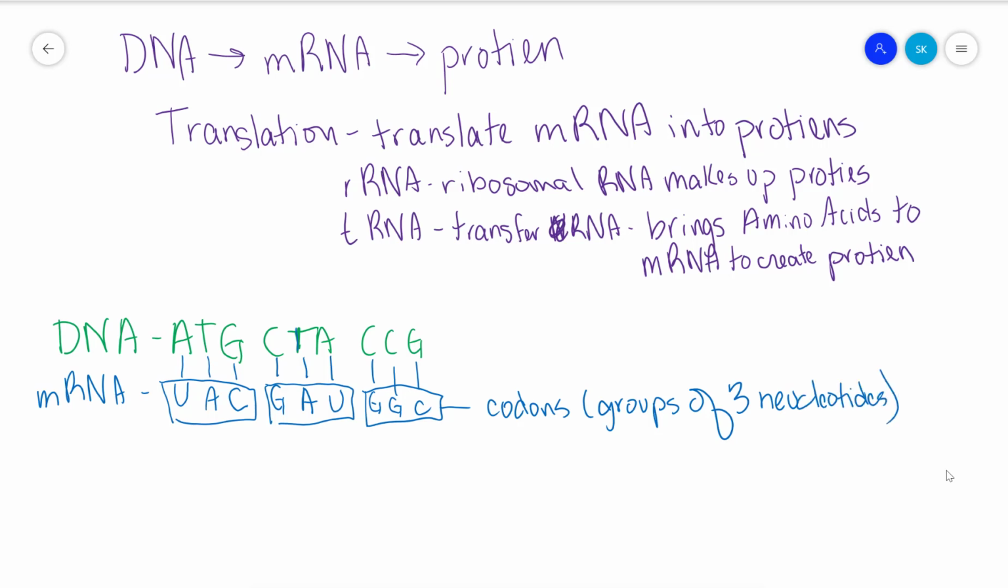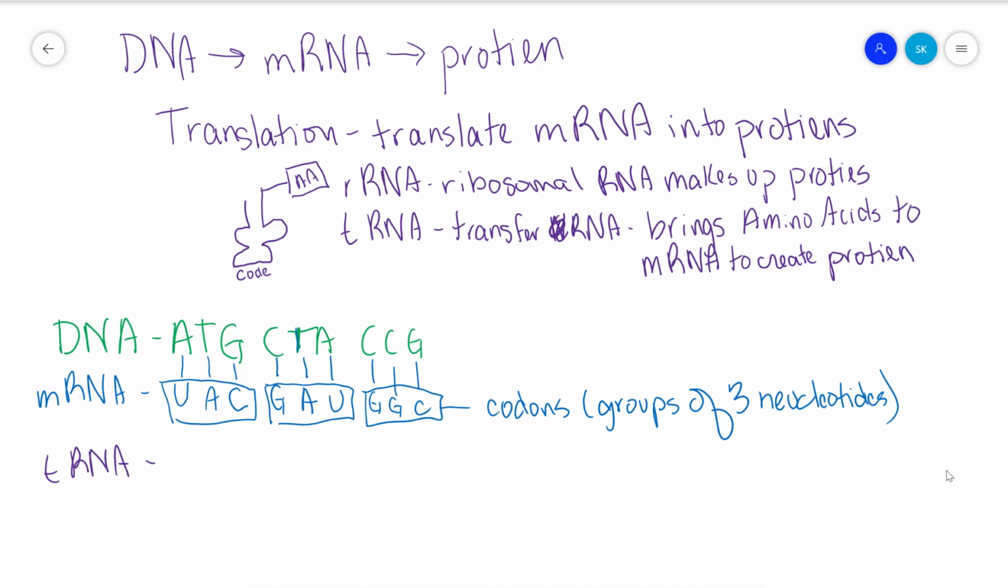All right. So now we have our new tRNA. tRNA is going to come along, and tRNA, I should have drawn it for you. It's shaped a little bit like a clover leaf, like this. And at the bottom, this is where it has its code, and at the top, this is where it holds on to its amino acid. All right?